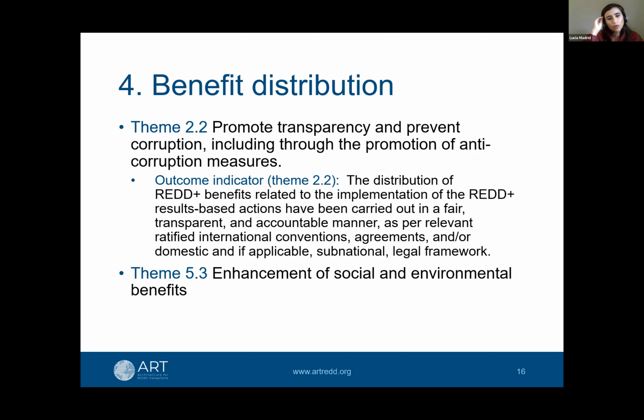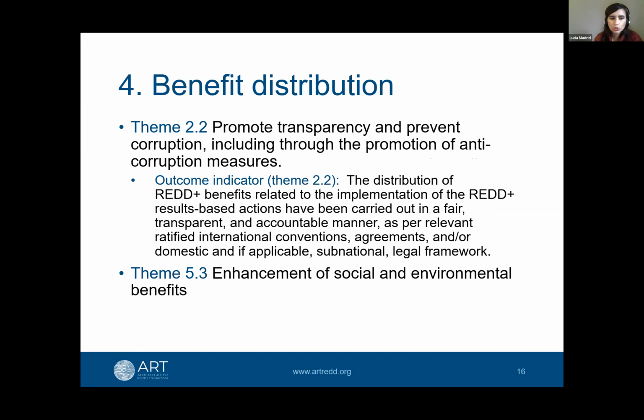In addition to the themes already discussed regarding access to information, land tenure, and protecting, respecting, and fulfilling the rights of Indigenous peoples and local communities, Cancun Safeguard B includes several other aspects that contribute to benefit distribution.